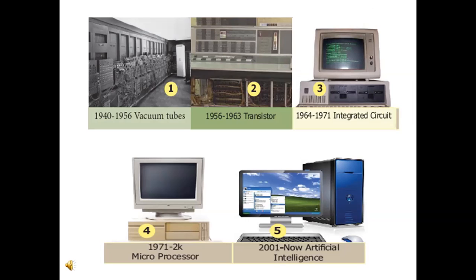In third generation computers, they used integrated circuits, from 1964 to 1971. In fourth generation computers, they used microprocessors, from 1971 to 2000. And in fifth generation computers, which we are using now, they use artificial intelligence. The years are 2001 to nowadays.